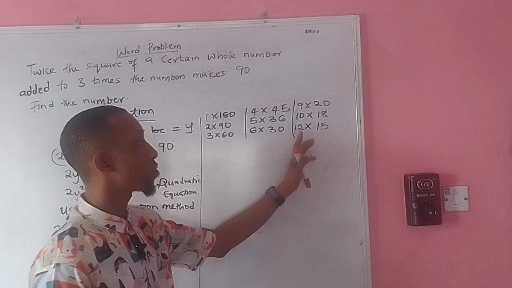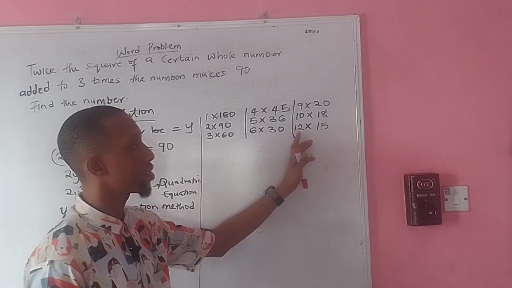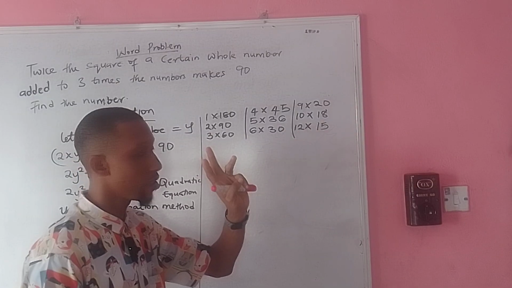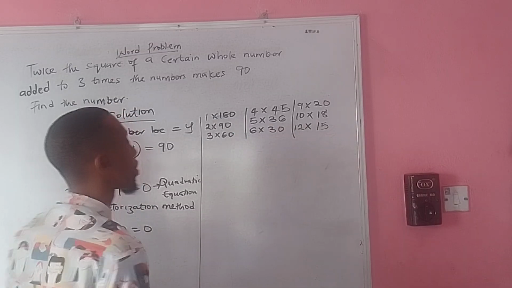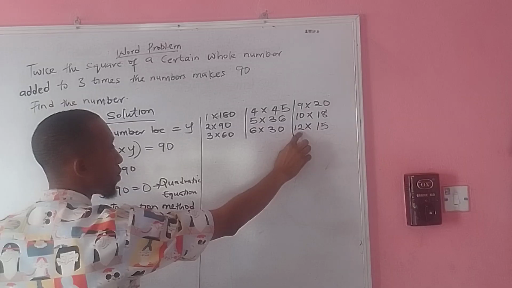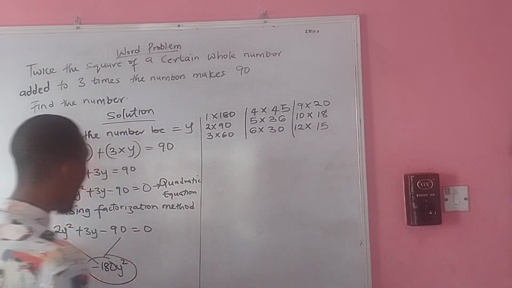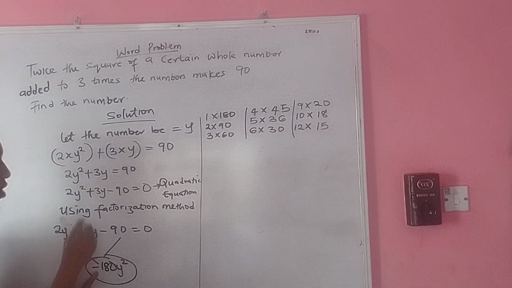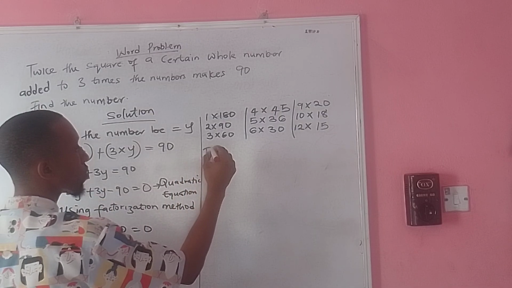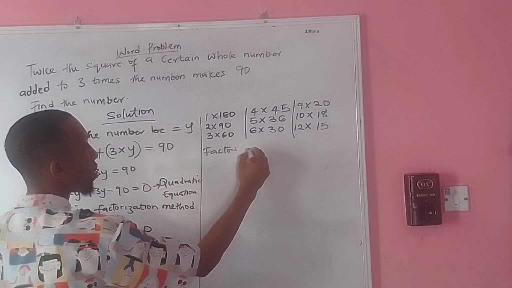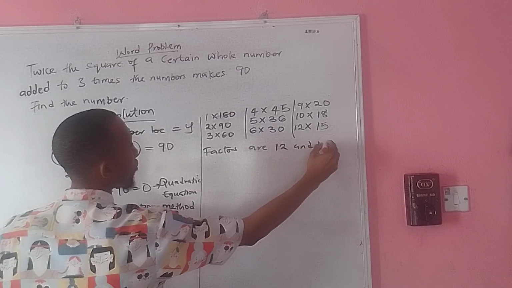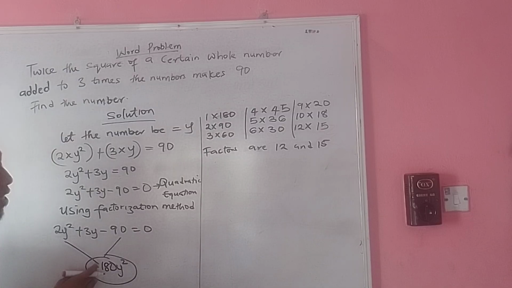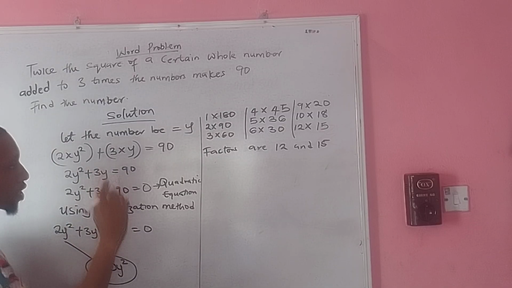Why? Because there is something I can do to 15 and 12, and I can get 3. So I'll be looking at these two factors, 15 and 12. But remember, I have a negative 180 and a positive 3. Now watch.